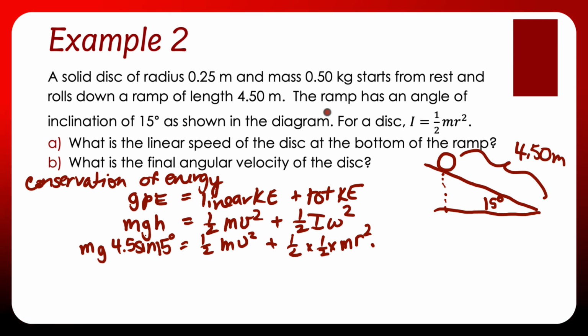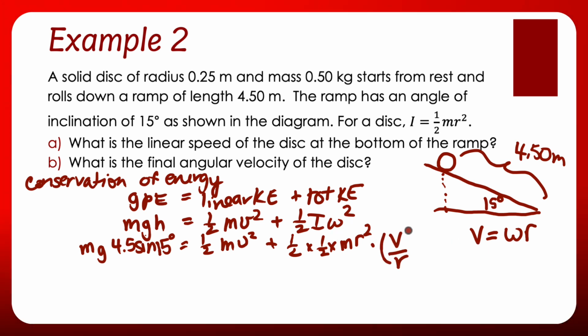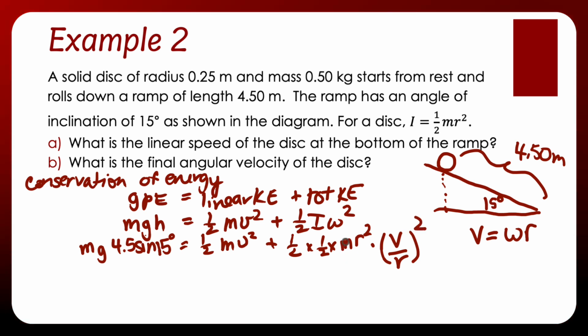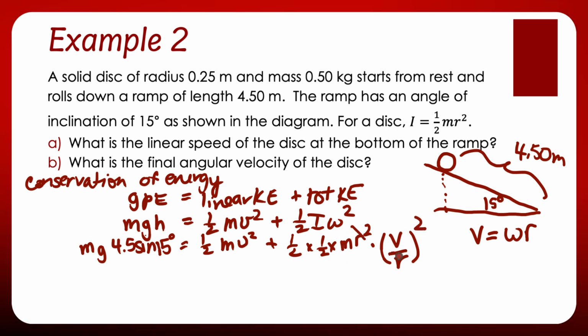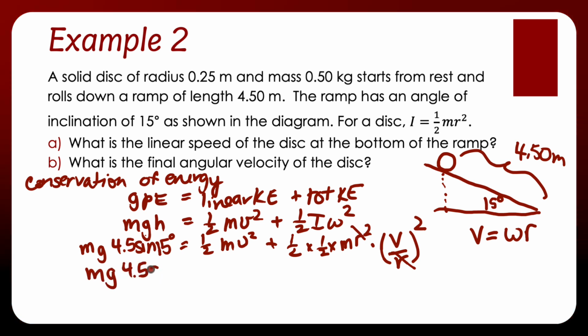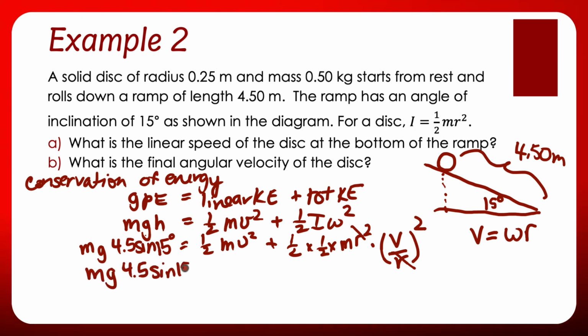Now I don't have my angular velocity here, but we do know that velocity is the angular velocity times the radius. So angular velocity will be v over r, and that is all squared, which is good. So that will cancel out here and here because of the square. mg 4.5 sine 15.